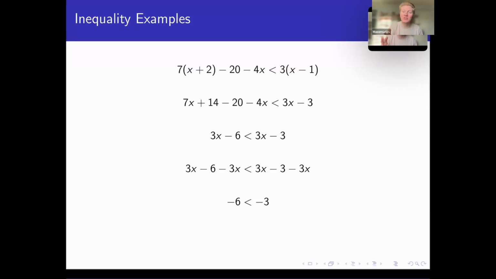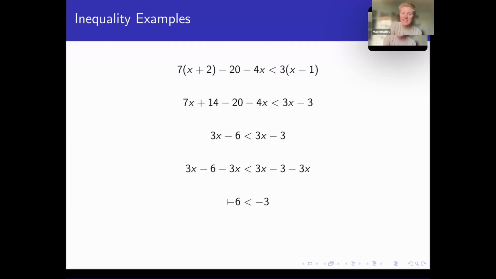And the same thing is true here for inequalities, except don't forget, we look at inequalities a little differently from equations. So yes, if we had -6 equals -3, like in equations in 1.1, we would say that was not true. But don't forget, this is an inequality. We need to determine if the inequality is true.